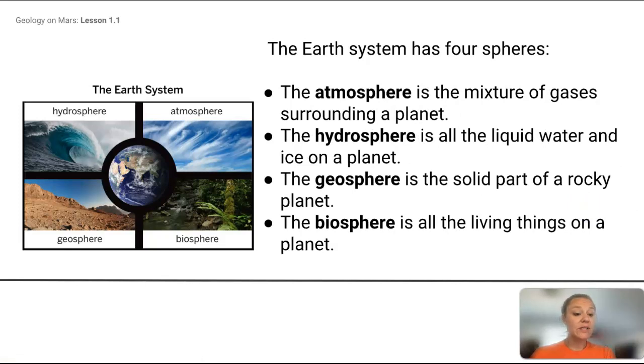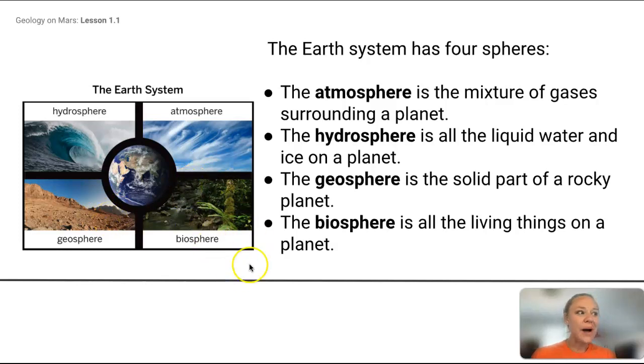And the first of those is the atmosphere, and that's the mixture of gases surrounding a planet. So we can see up here, this is our atmosphere. We have the hydrosphere, which is all of the liquid water and ice on a planet. So we have our hydrosphere over here, so water and ice. Our geosphere, which is the solid part of a rocky planet, geo. So we're talking about the rocks on the planet, geo, rock.